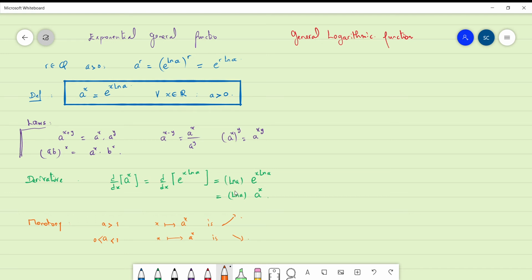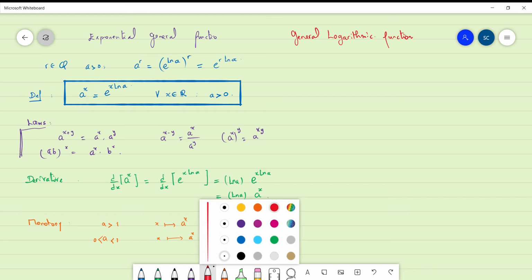Because it is a one-to-one function, we can define its inverse.